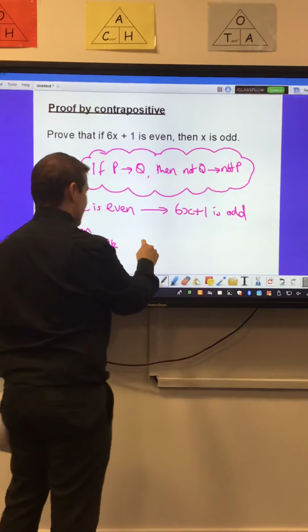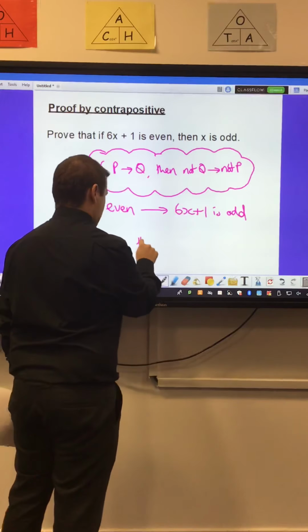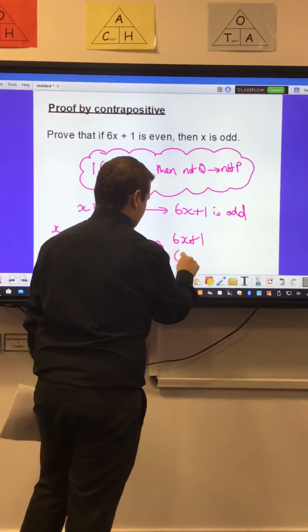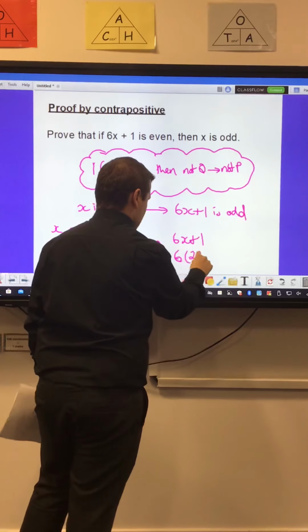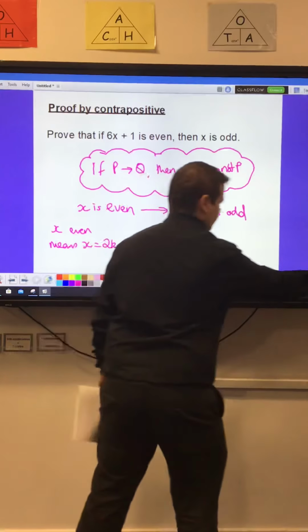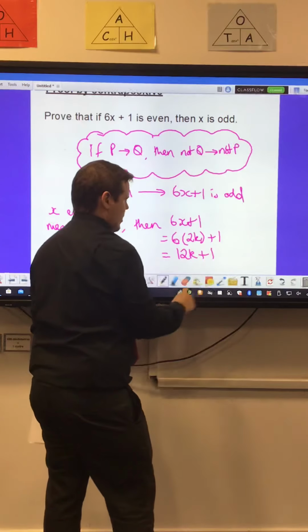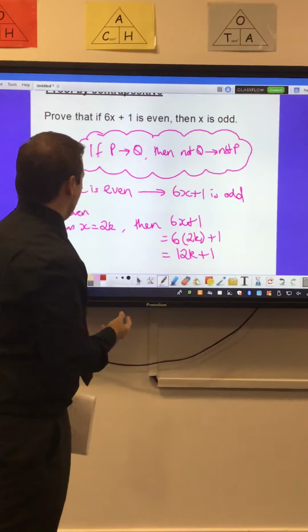Okay, well then, 6x plus 1 equals 6 lots of 2k plus 1. That is 12k plus 1, which is odd.